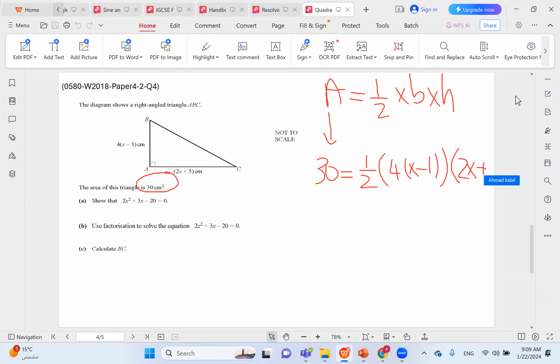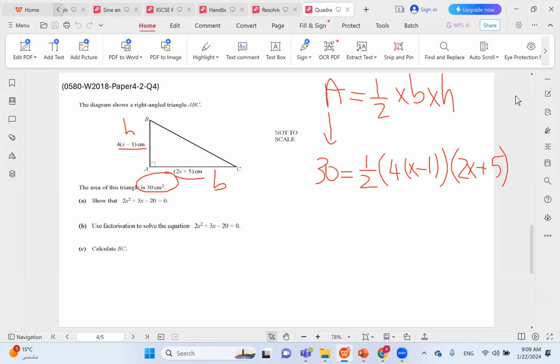Of course, just by looking at it, it makes more sense to consider this the base and this the height. It won't affect the answer because they're all multiplied by each other anyway. The important thing is to just multiply half times the first expression times the second expression. So how would you simplify this? This is the tricky part. You want to simplify this in order to arrive at the equation.